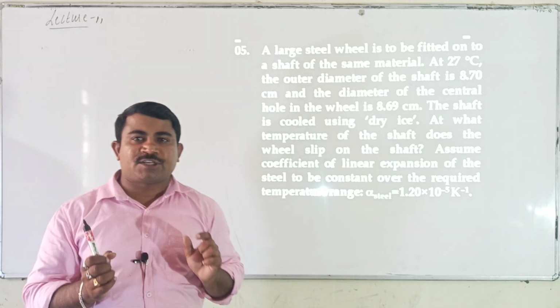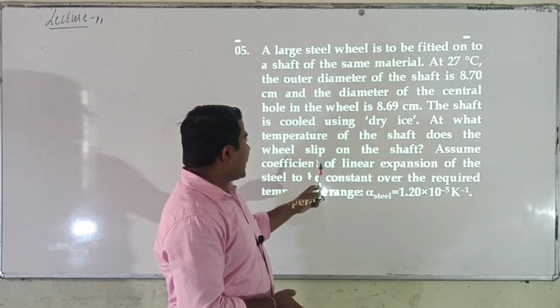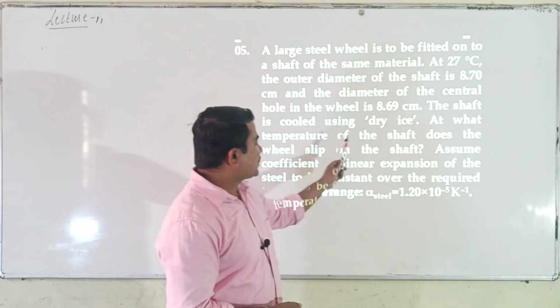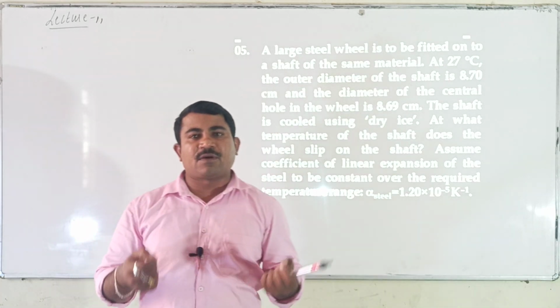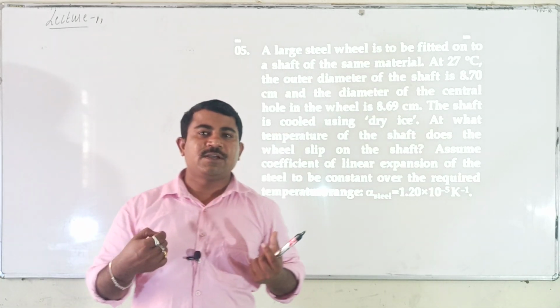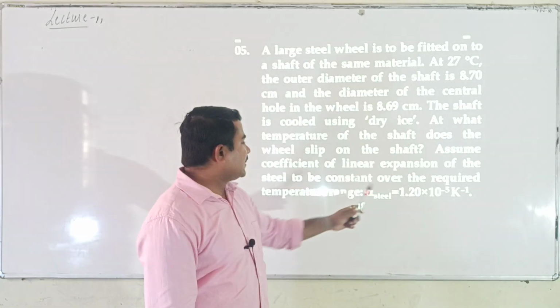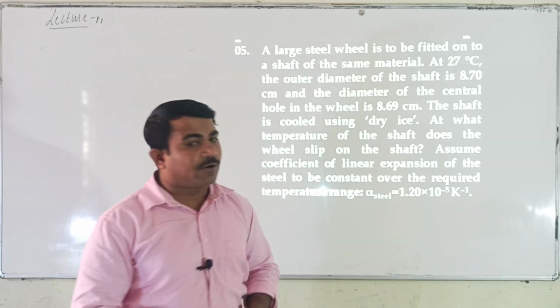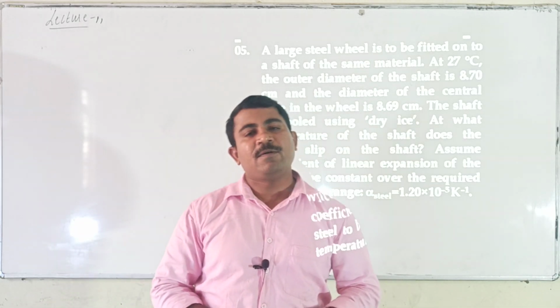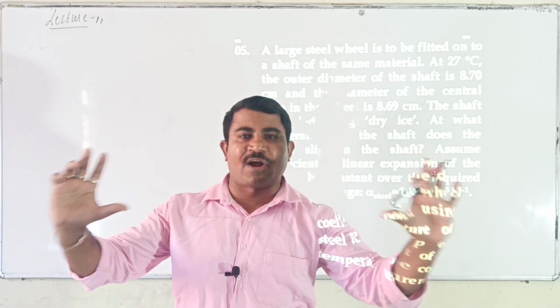Cooled means the temperature of the shaft must be decreased. At what temperature does the wheel slip on the shaft? Assume that the coefficient of linear expansion of steel is 1.20 into 10 raised to minus 5 per Kelvin.